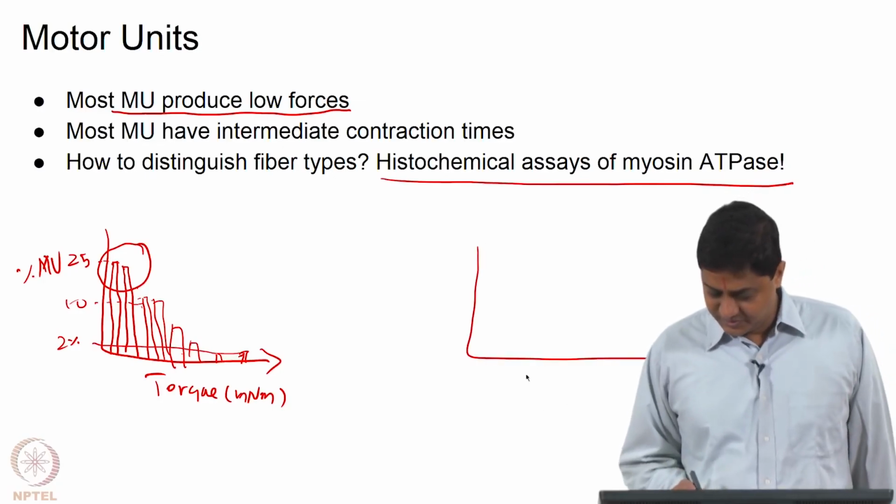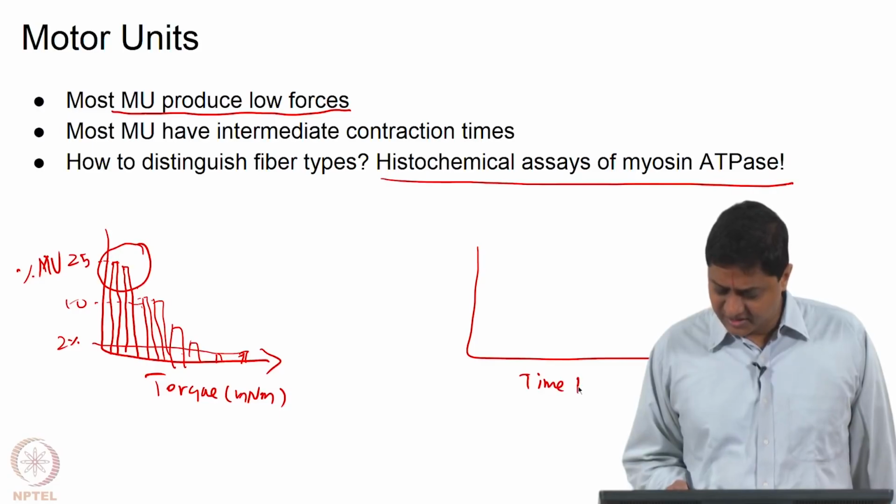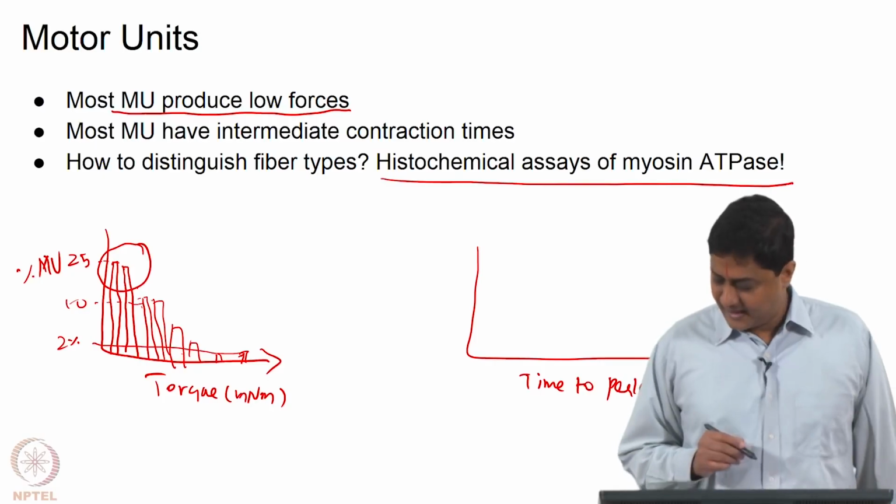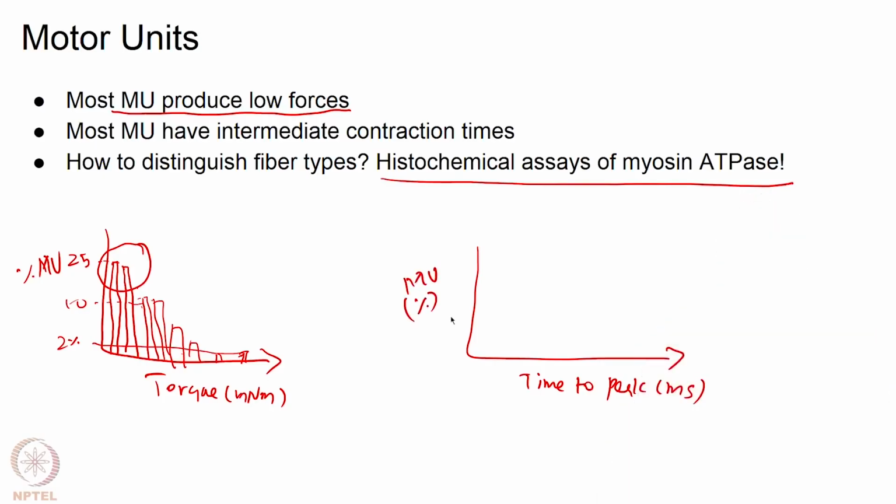Contraction time is basically the time taken to reach the peak, is it not? If I have a similar plot for time to peak, with the number of motor units, you will see that there is a smaller number of motor units with small times to peak, then that increases, and so on and so forth.